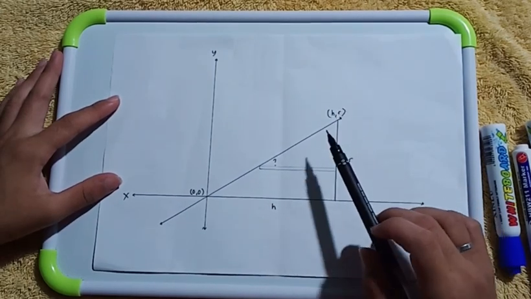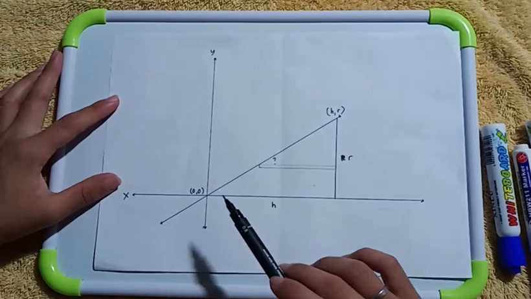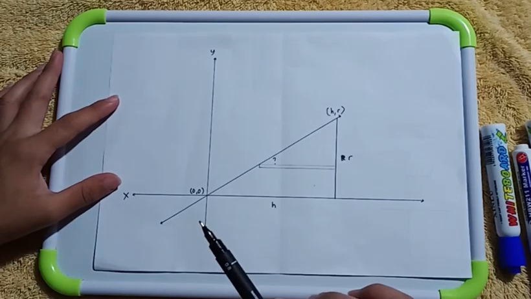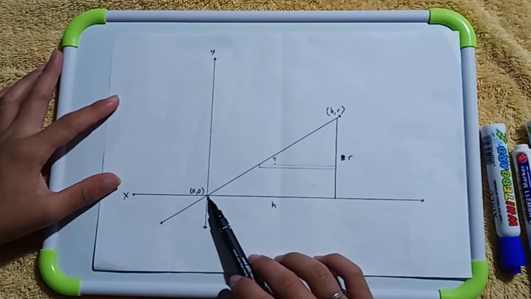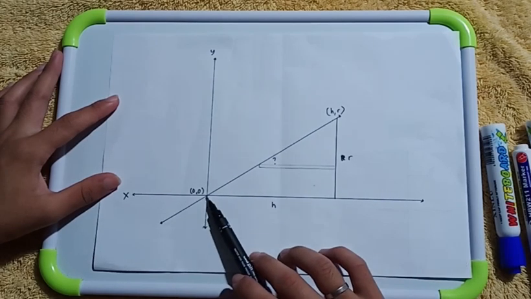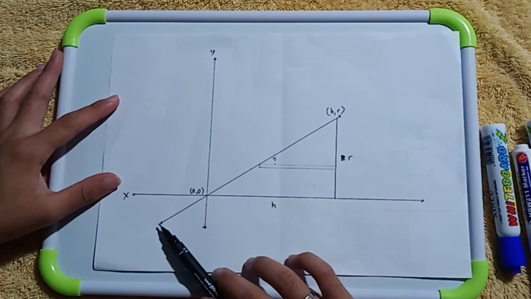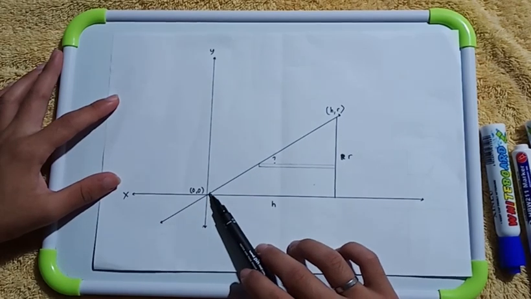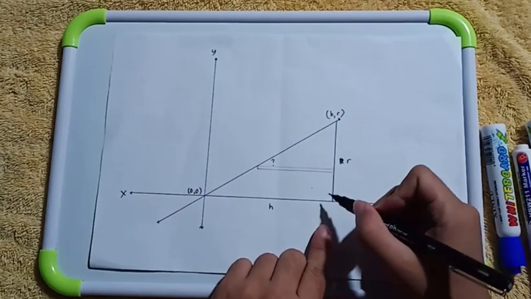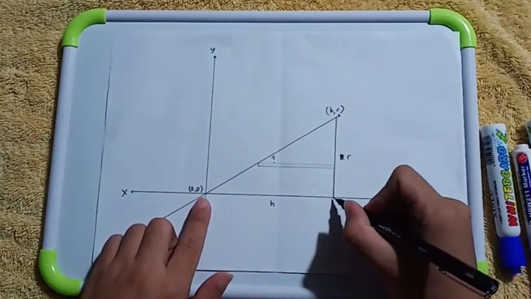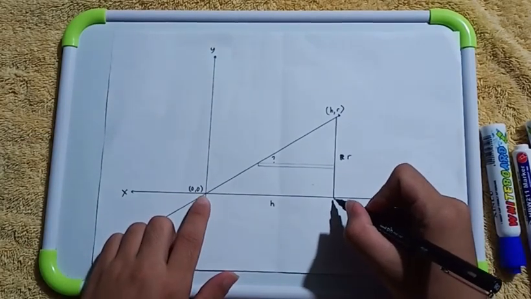So, para mapadali din, kailangan natin na ilagay na lang yung line na to sa ating point of origin, padaanin natin sa point of origin para hindi tayo mahirapan. So, nag-intersect siya dito sa point of origin which is yung 0, 0. And then, mula dito hanggang dito, yun yung h natin.